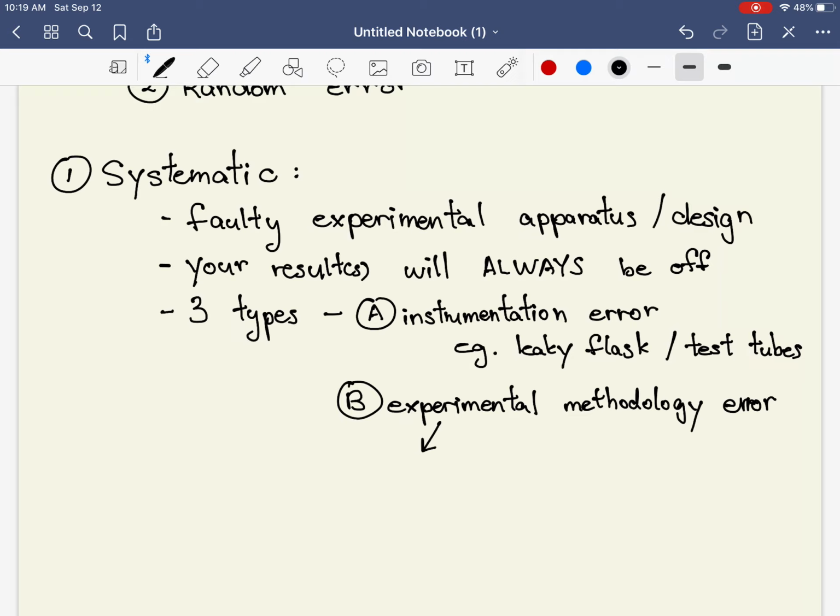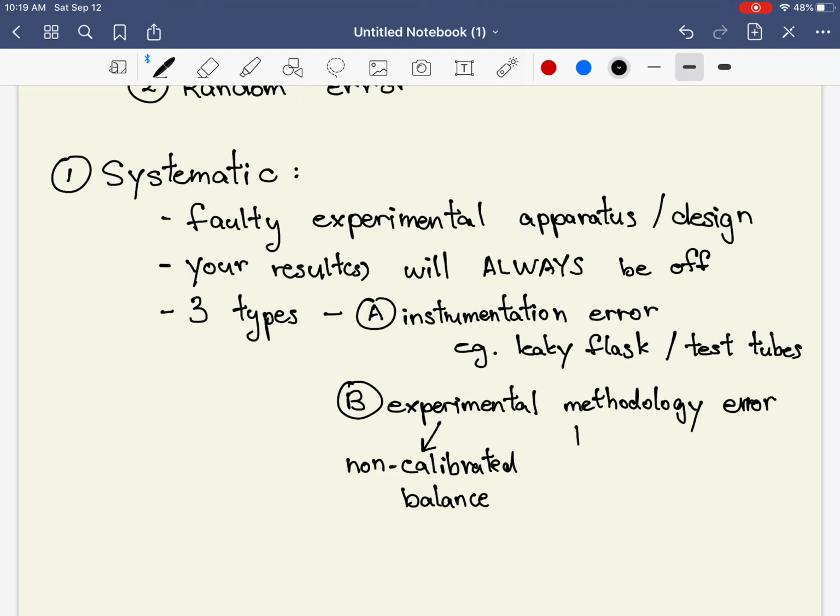There are a couple of examples I can tell you. If the balance that you're using to weigh something is non-calibrated, you're not calibrating the apparatus. Sometimes things need to be calibrated.